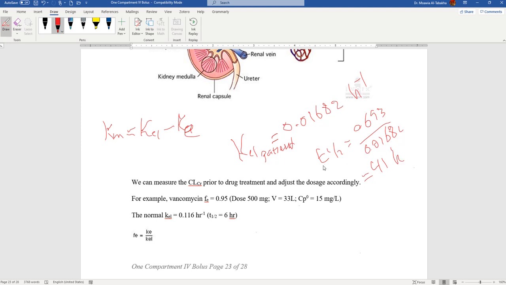Look, divide the 41 hours half-life of the patient by the normal, and you get 7 times the normal half-life. So the patient half-life, imagine, is 7 times the normal half-life.